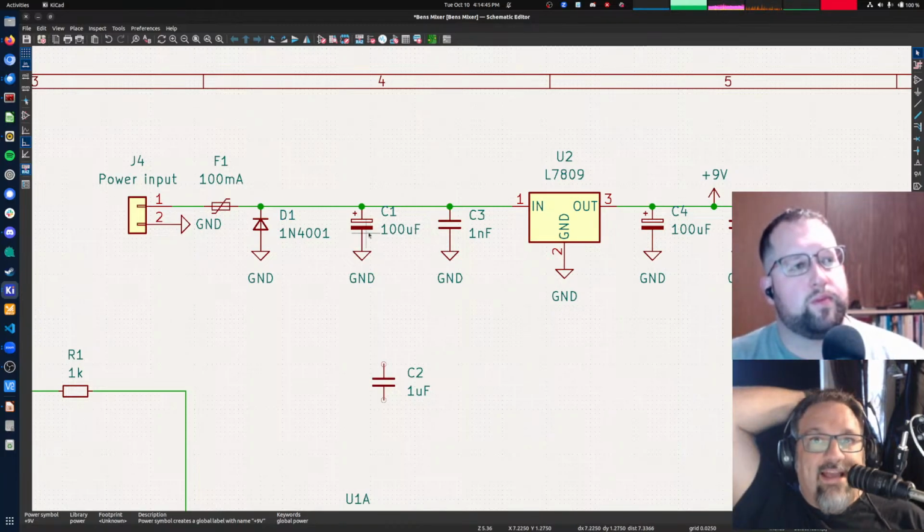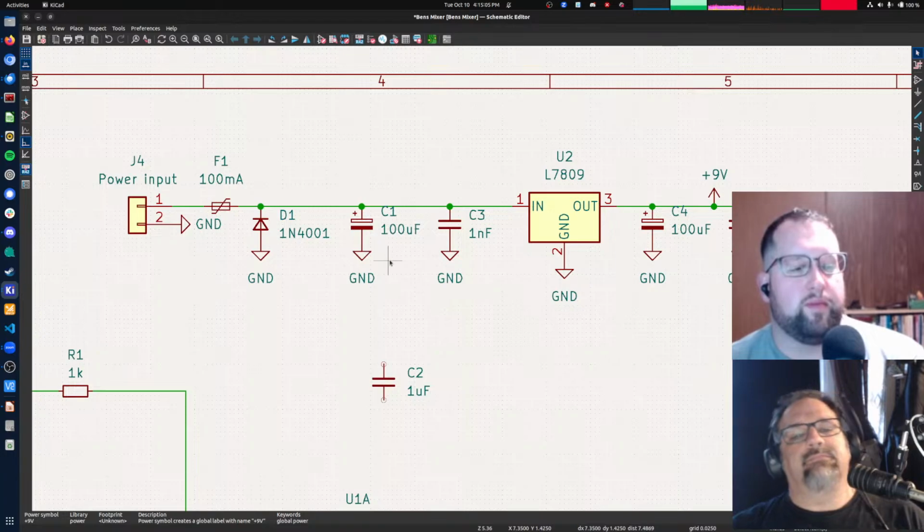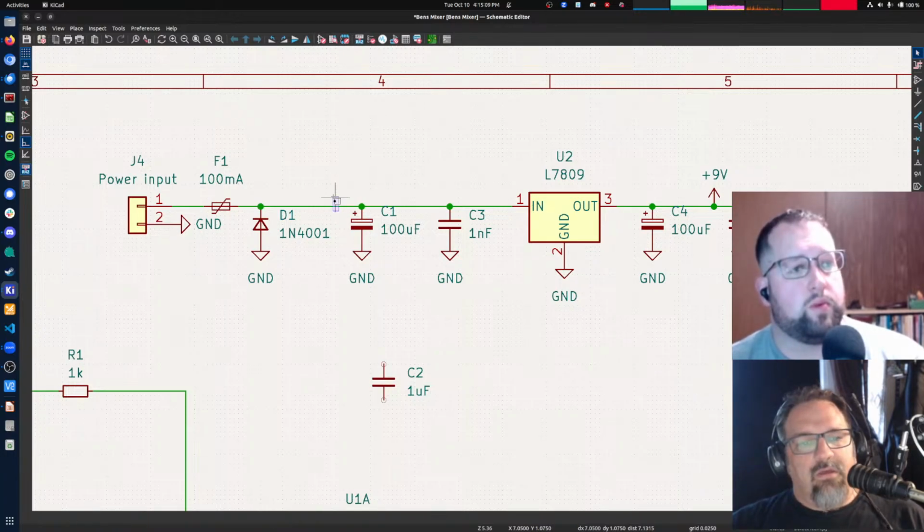So it's filtering out large changes in either current draw this way or voltage supply this way. So by adding those two components, if I'm using my shack's power supply and I key up the HF radio at 100 watts, that should prevent me from having any kind of negative impact on my audio. That's the theory.